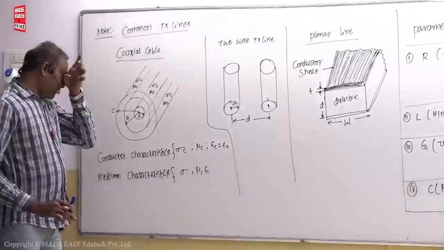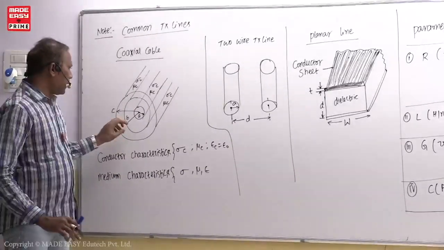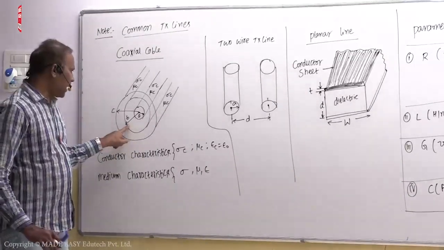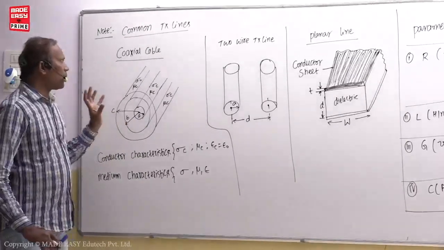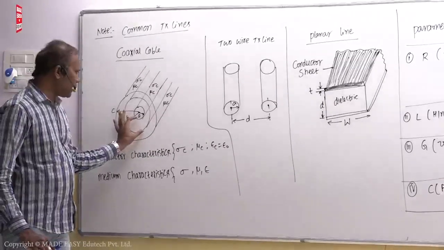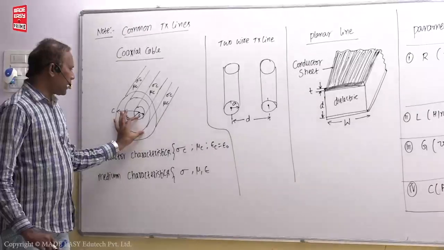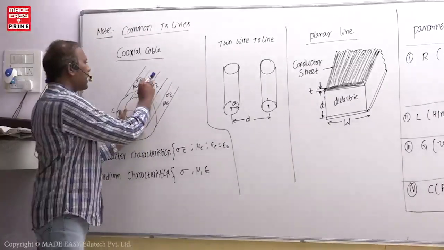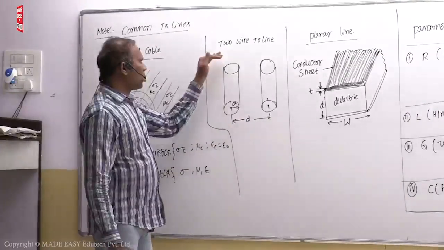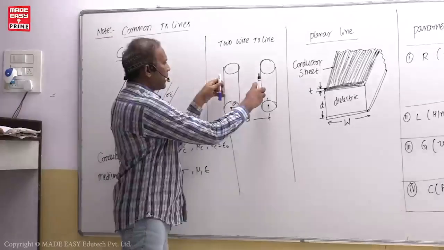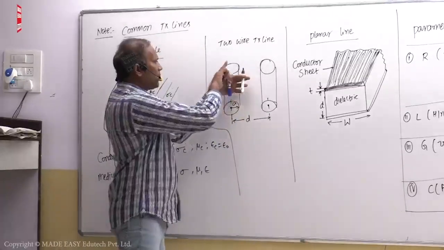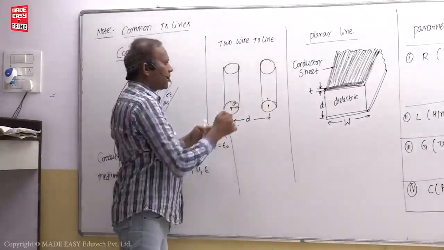And in between the conductors, a dielectric medium is present. For that dielectric medium the conductivity, mu and epsilon are given. The suffix C means they are conductor parameters. Now the inner conductor radius is A, the inner radius of the outer conductor is B, and the outer radius of the outer conductor is C. So two conductors are there, the first conductor and the second conductor. I told you if we connect a voltage between them, then current goes in the inner conductor and comes back through the outer conductor. Similarly in the two-wire transmission line, there is a first conductor and a second conductor, and if we connect the voltage here, current goes in this conductor, supplies the load, and comes back.